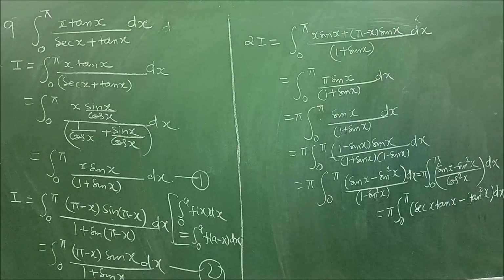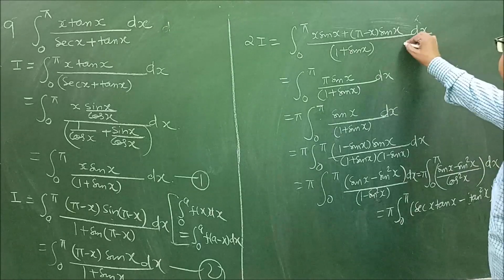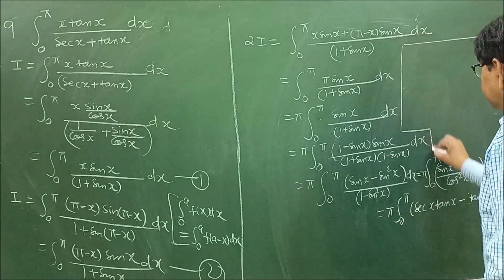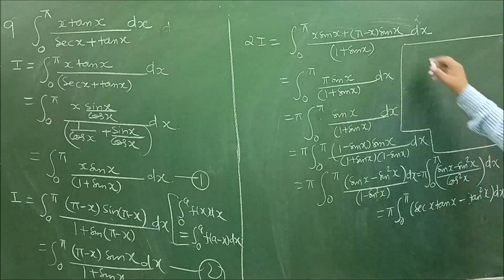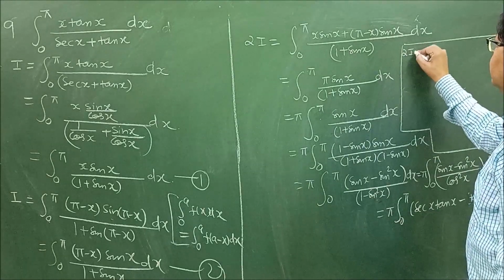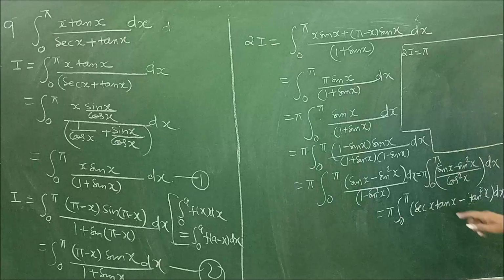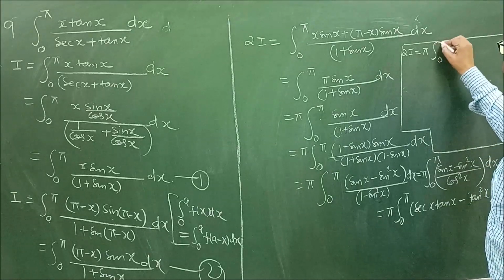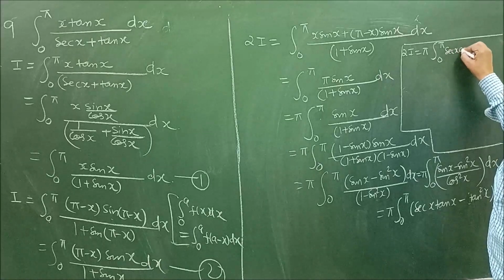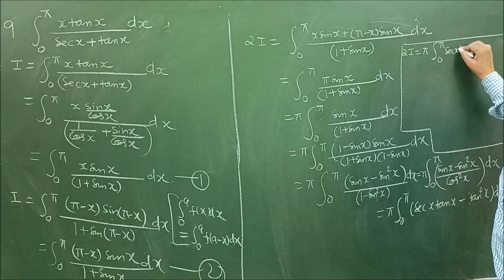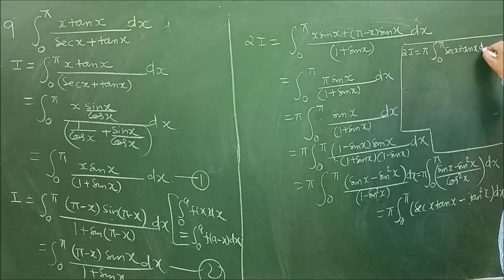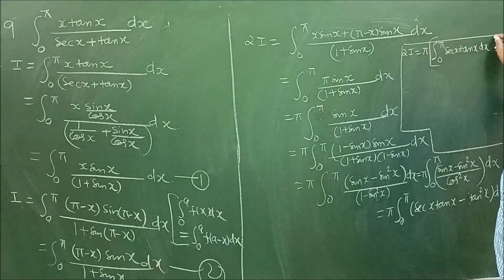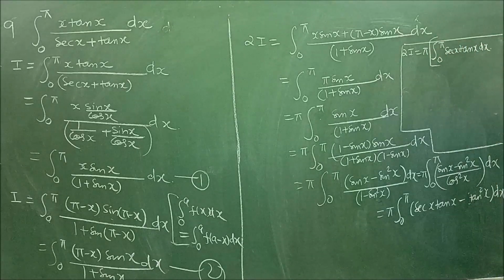So this can be further simplified, and pi is outside, so 2I is equal to pi into the integral from 0 to pi of sec x tan x dx, minus this tan square x, which can be written as sec square x minus 1.